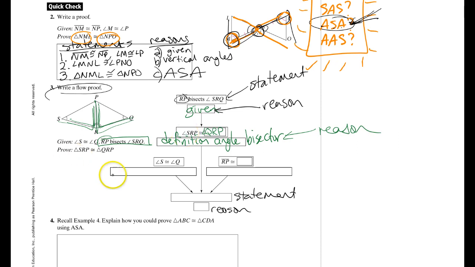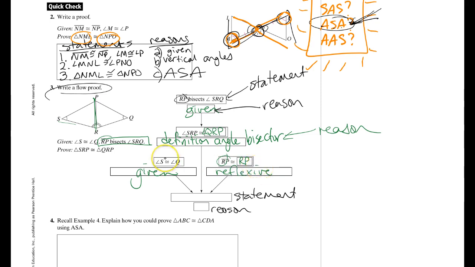So, next, we're showing angle S congruent to angle Q. Why is that? Because they told me so. It's given. That was easy. And then I've got segment RP. Let me clean this up again. Segment RP congruent to segment RP. Reflexive.